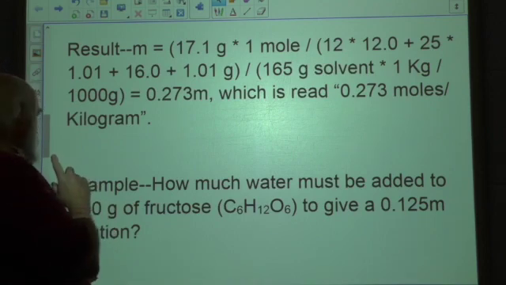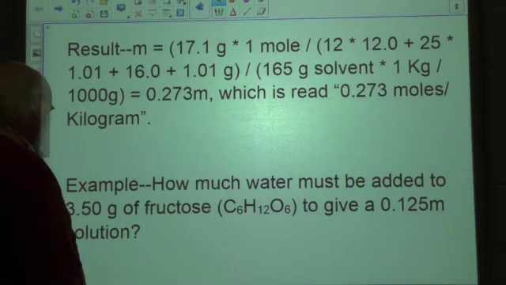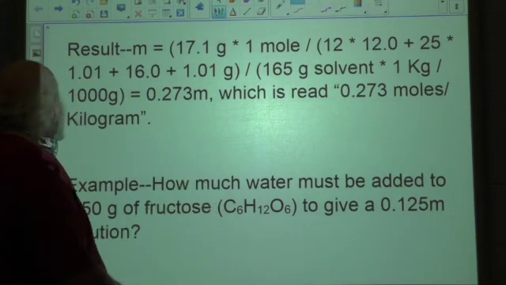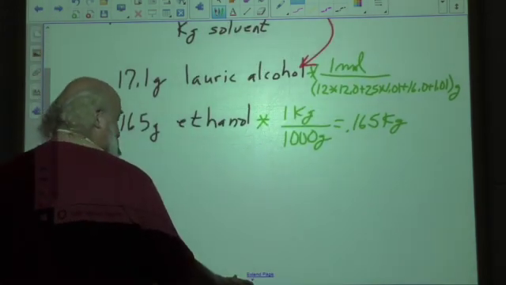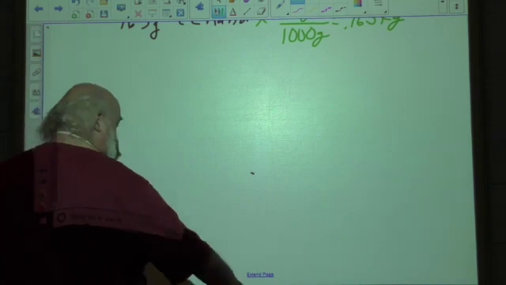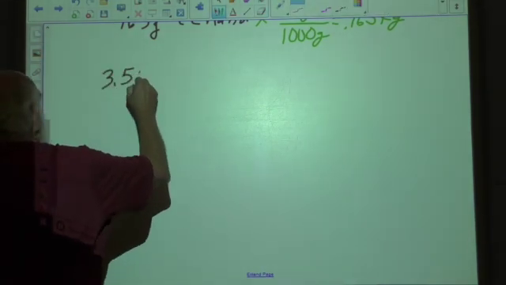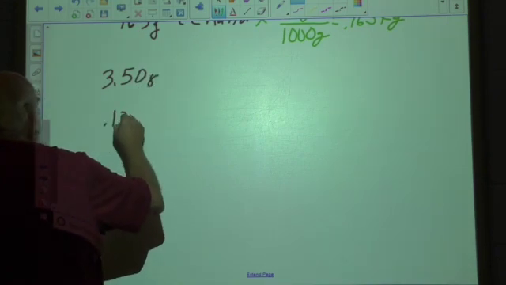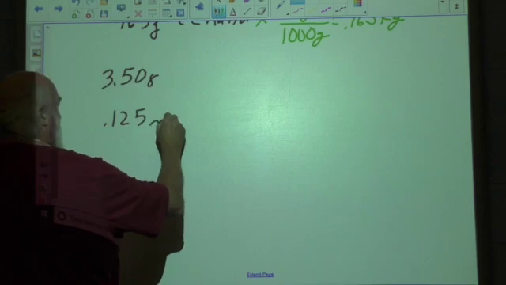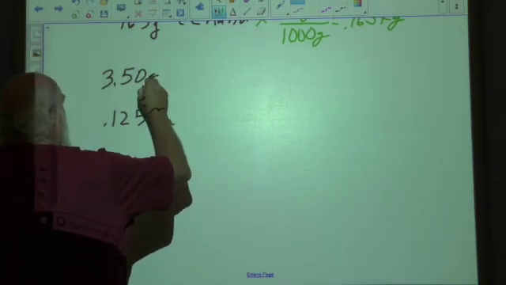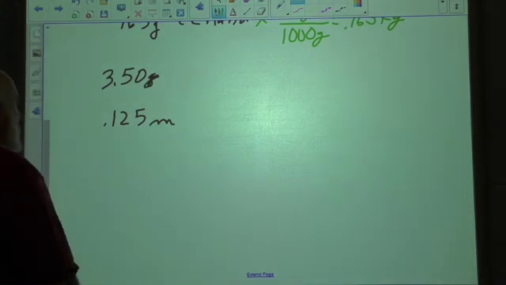So we're dealing with, see if I can actually remember this, no guarantee: 3.5 grams and 0.125 moles per kilogram, right? That's the worst G ever written in the history of mankind. All right, so.